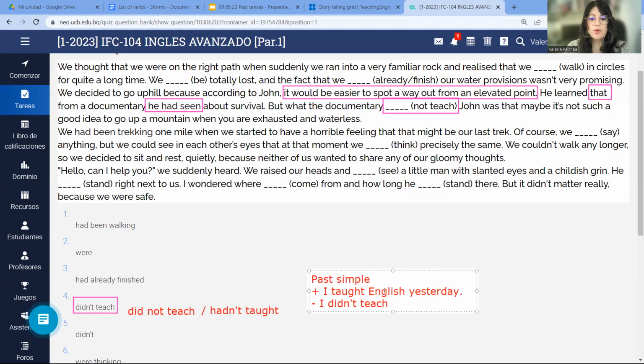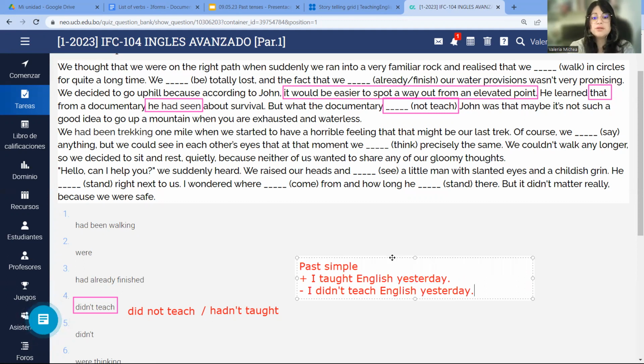So whenever you're using the negative form of the past simple, you need to use the verb in the base form. We don't call it present because it's confusing. We call it base form. If I want to make a question, the same thing: "Did I teach English yesterday?" So whenever you're referring to the negative and the questions, you need to use the base form of the verb. The past form only goes with the affirmative sentences.